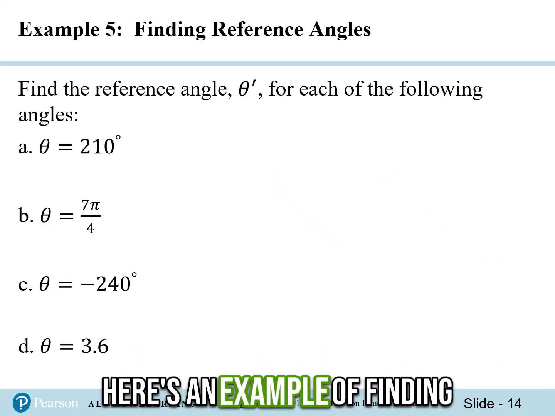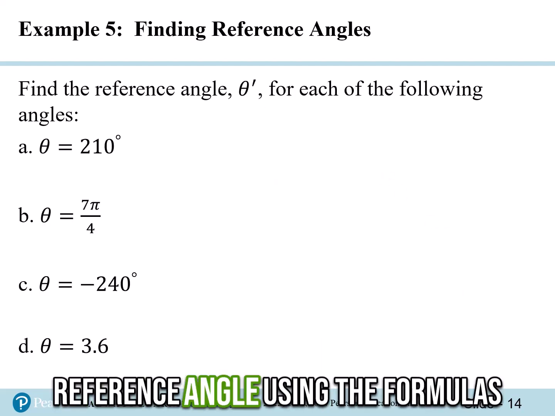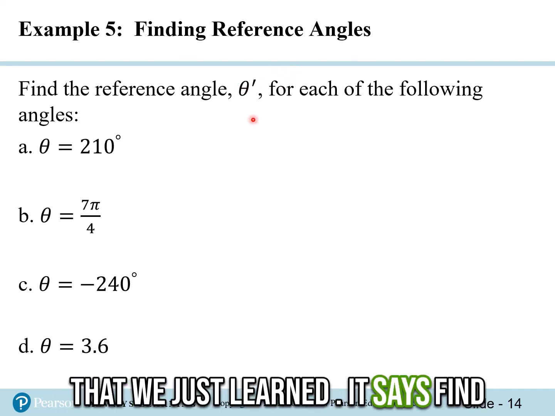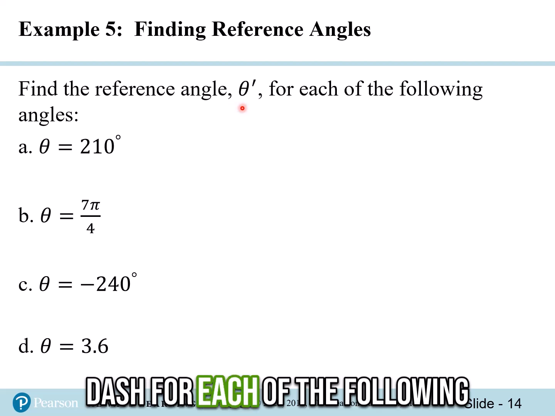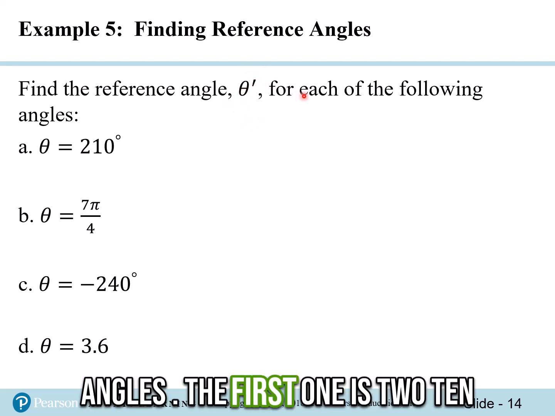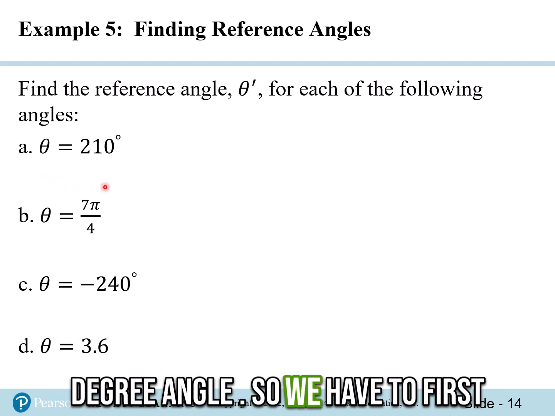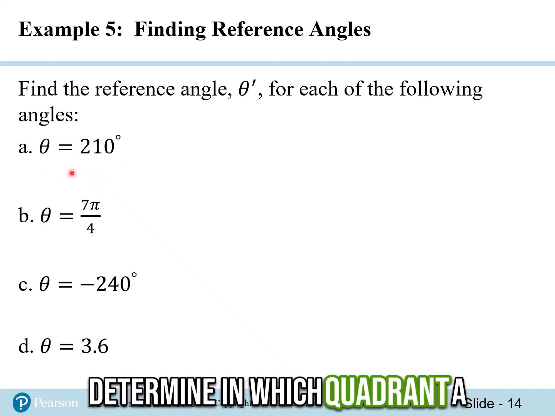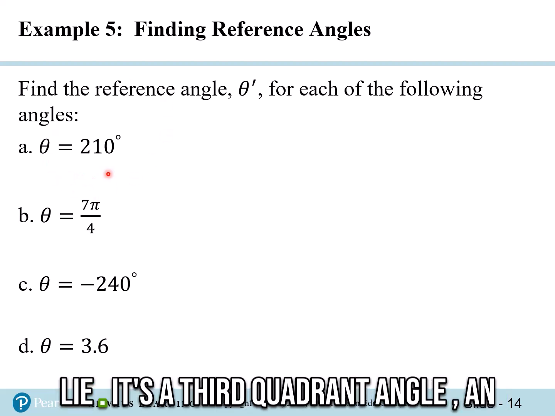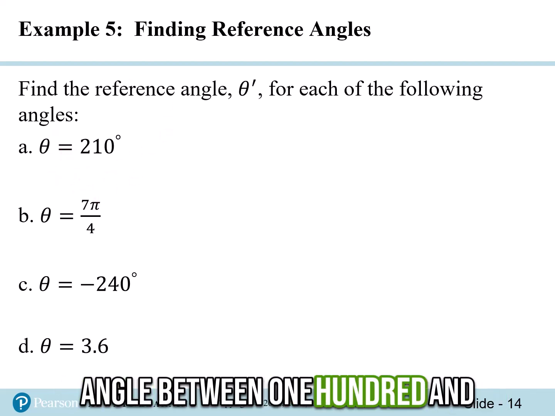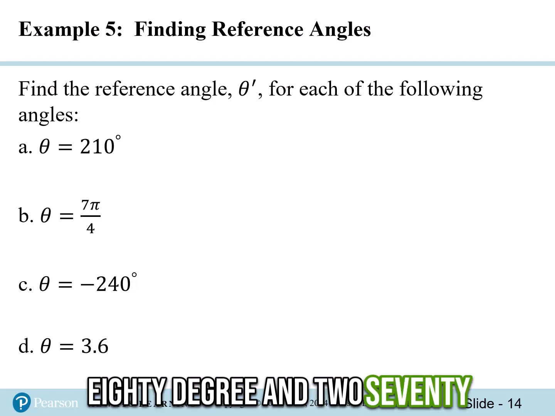Here's an example of finding reference angle using the formulas that we just learned. It says find the reference angle denoted theta dash for each of the following angles. The first one is a 210 degree angle. So we have to first determine in which quadrant a positive 210 degree angle would lie. It's a third quadrant angle, an angle between 180 degrees and 270 degrees.